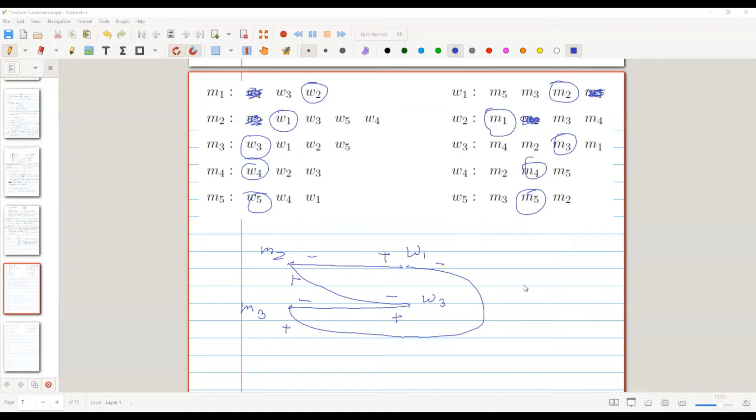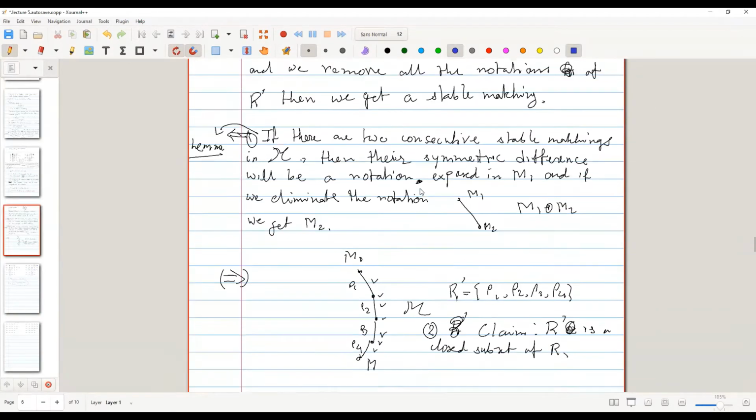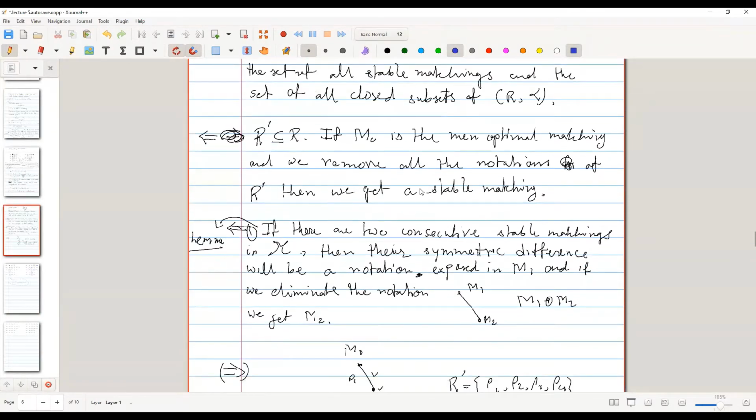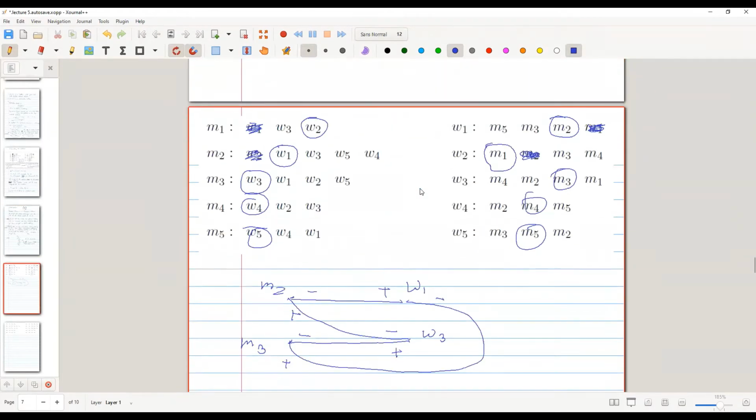Sir, why have you erased, for example in the list of W2, why have you erased M2? Because when we eliminate them, we basically remove those edges. But can it not be useful again? No, it cannot be useful because basically we will first find all the rotations that are exposed currently in that graph.